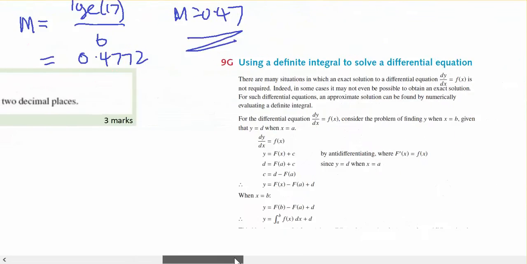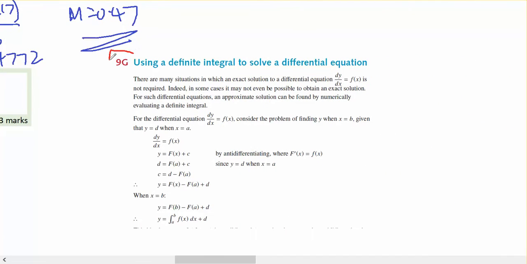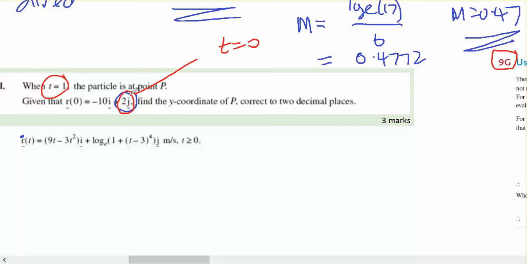So what I'd like to use is using a definite integral to solve a differential equation. So I'd like to integrate from 0 to 1 of the j component and then plus 2, because I knew that it was at 2.